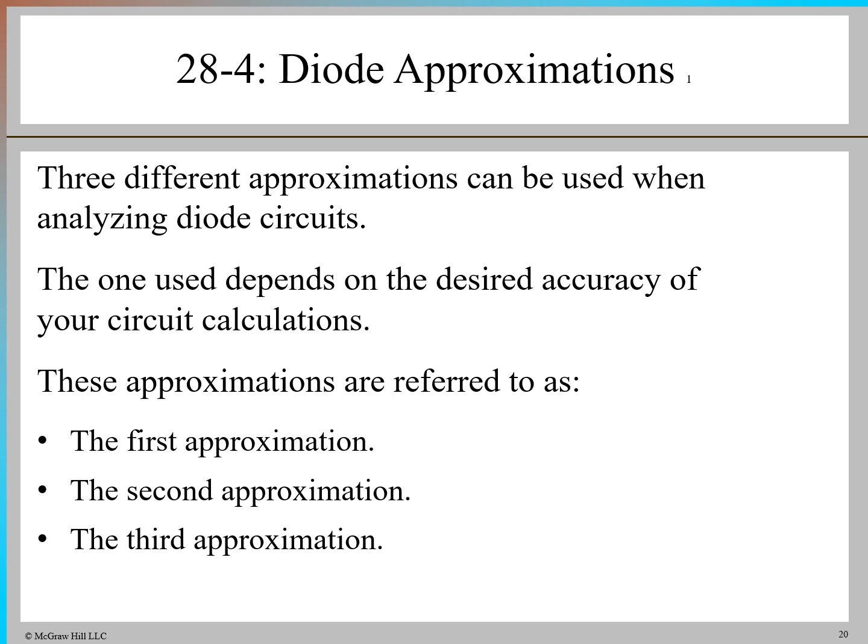The second approximation takes into account a small forward voltage drop, typically 0.7 volts for silicon diodes, in forward bias, giving more realistic results without excessive complexity. The third approximation is the most precise, incorporating the diode's dynamic resistance and the accurate current voltage relationship to achieve detailed calculations. The choice of approximation depends on how accurate the analysis needs to be for the particular circuit.